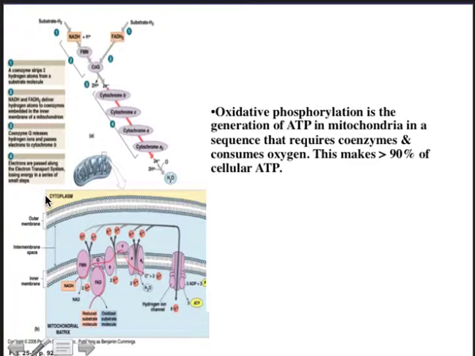Okay, so energy can change forms, and that's exactly what's happening here in the electron transport chain. We're taking different forms of stored energy and transferring them from one stored form to another stored form. And with every change, with every energy transformation, you lose a little bit of that energy as heat.